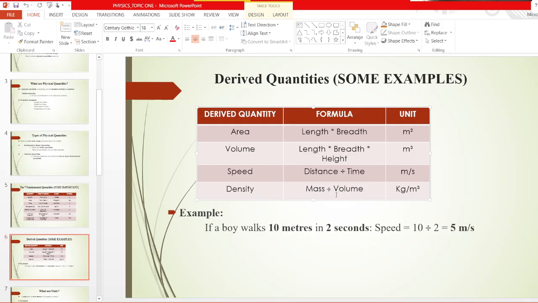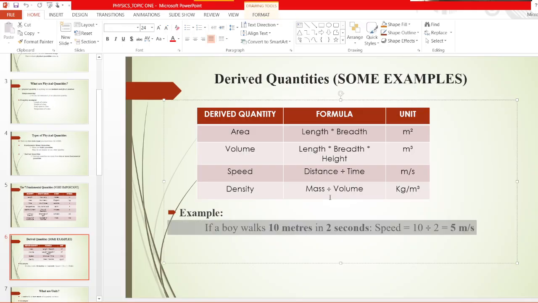So quickly, I want you to note that any quantity that consists of two or more fundamental quantities is called a derived quantity. We have an example here for practice. Example, if a boy walks 10 meters in 2 seconds, we should find the speed.